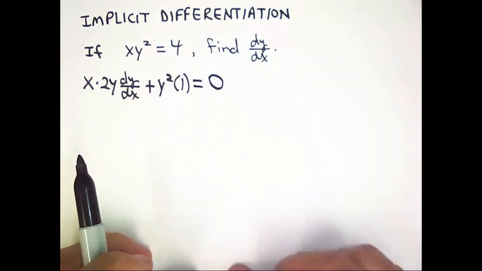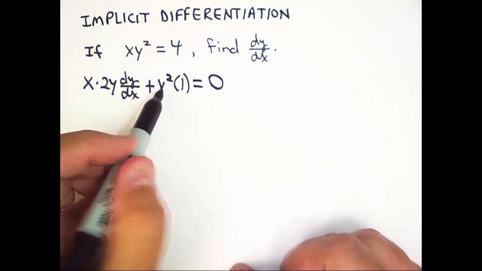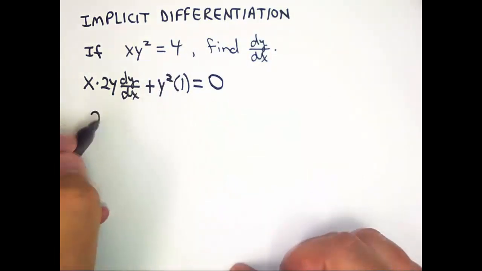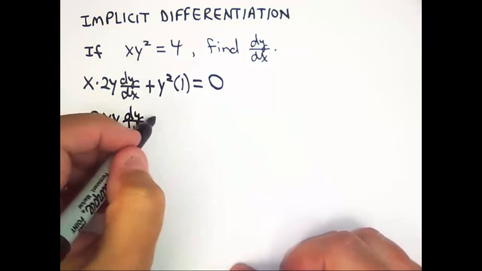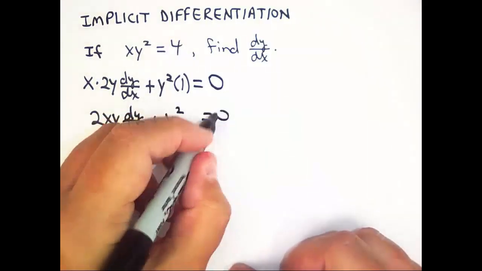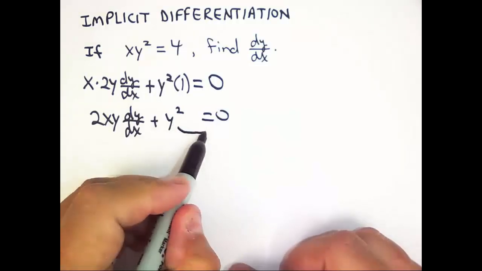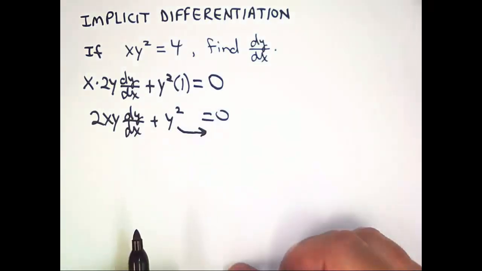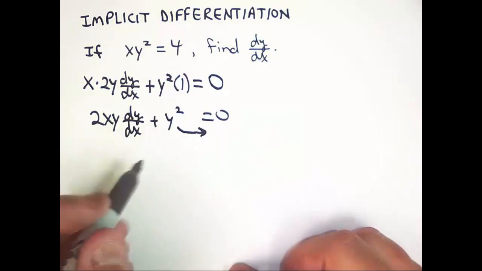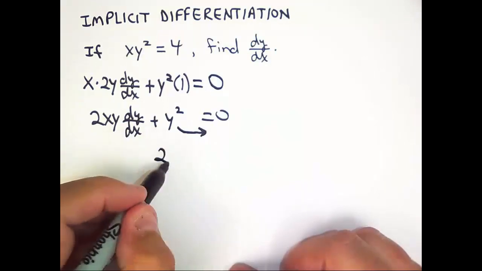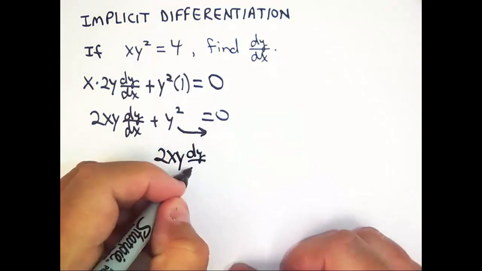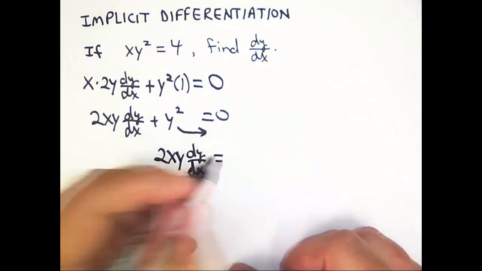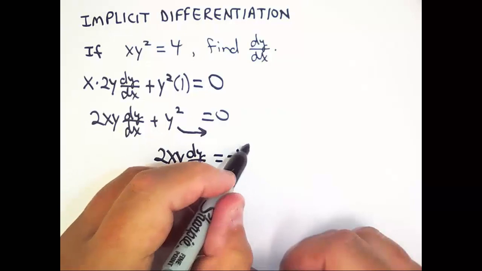Now it's a matter of just solving for dy over dx. So I get, just cleaning this up a little bit, 2xy times dy over dx plus y squared equal to 0. I want to slide the only term that doesn't have a dy over dx to the other side, so I'll subtract y squared from both sides. And that'll give me 2xy dy over dx is equal to negative y squared.